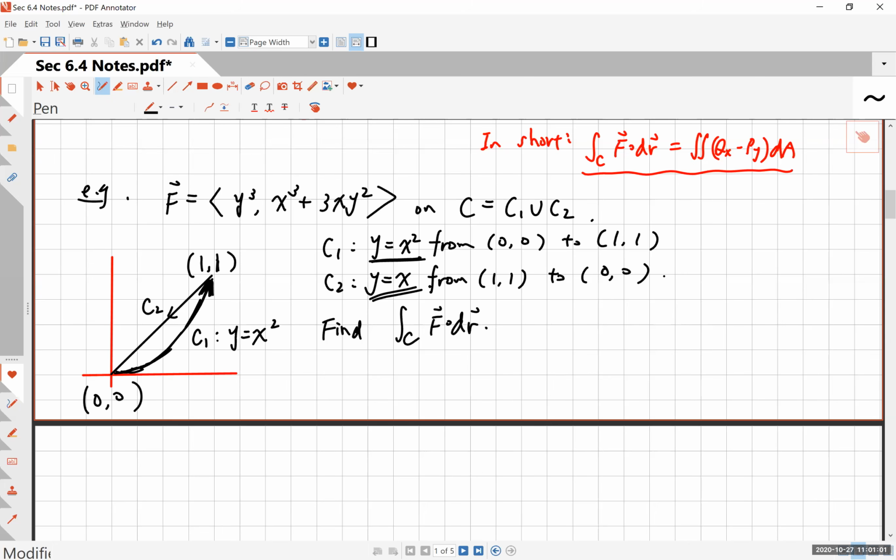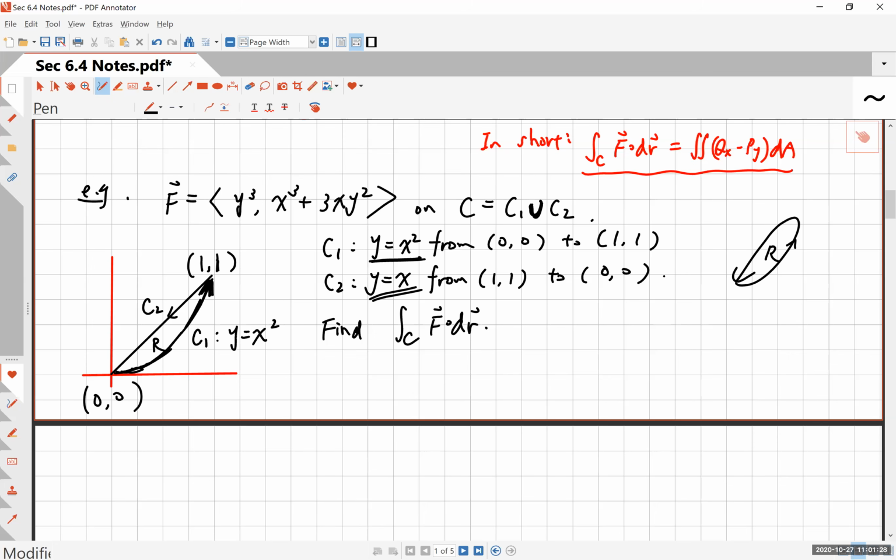Now notice here C is C1 followed by C2, and so it is a closed loop like this, right? And the region inside is, of course, R. And so C1 union C2 is actually the boundary, and it is oriented in the positive direction, which is the counterclockwise direction.